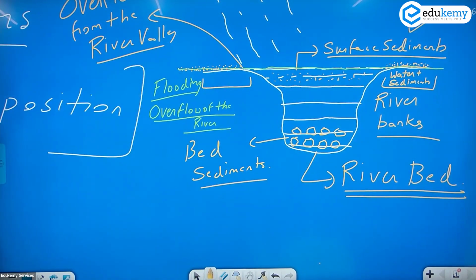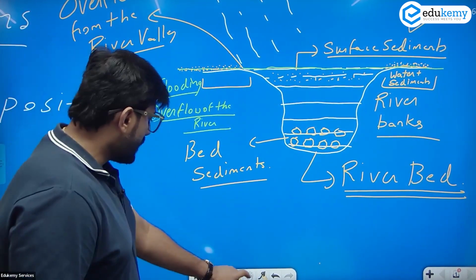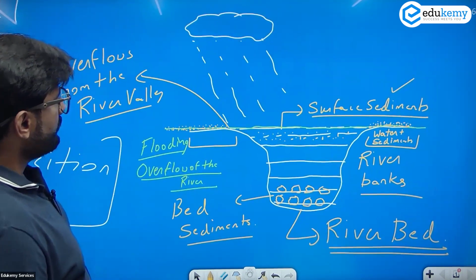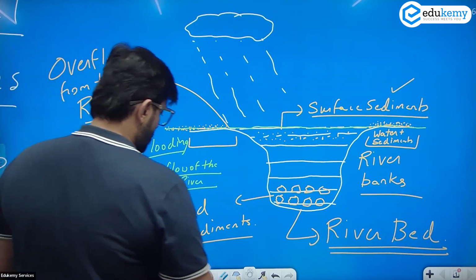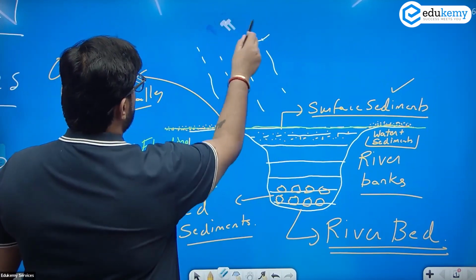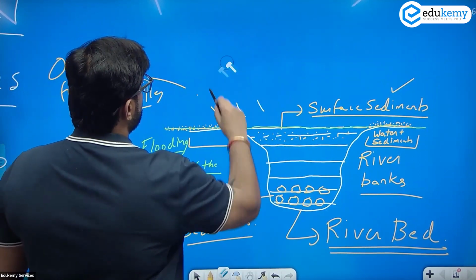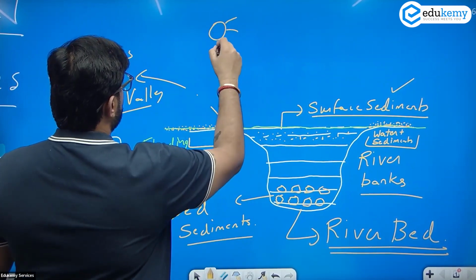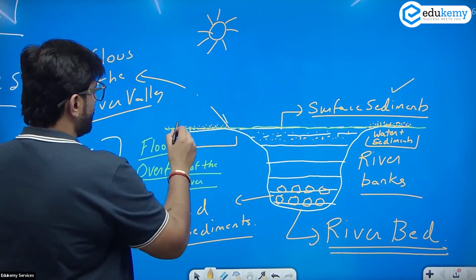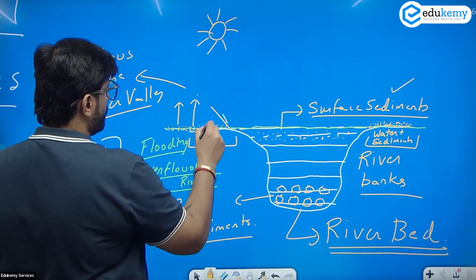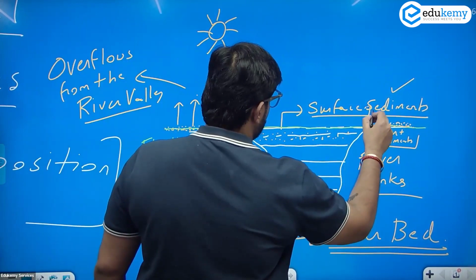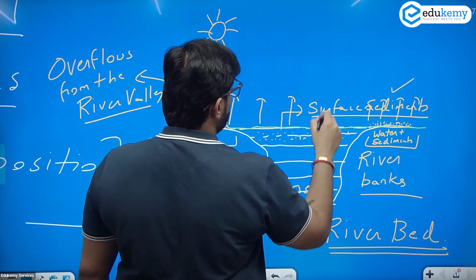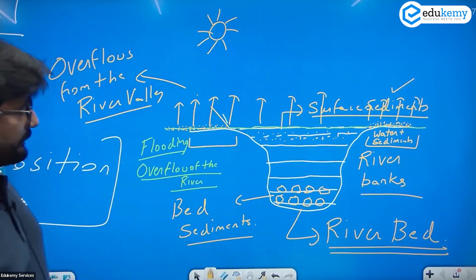Now guys, finally what happens? After a certain period of time, the precipitation stops. When the precipitation stops, there is finally sunshine again. And when there is sunshine, guys, we see evaporation of water. When the water evaporates, the river levels start receding.